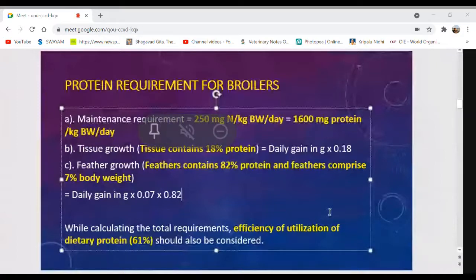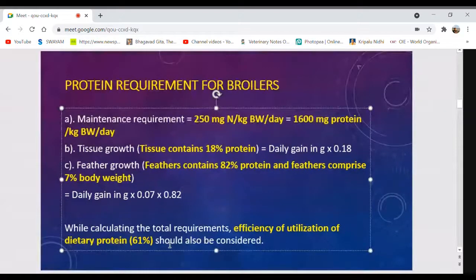So after calculating the total protein requirement, that is the maintenance requirement plus requirement for body weight gain plus requirement for feather growth, you have to add some extra quantity of protein. How can you calculate that extra quantity?